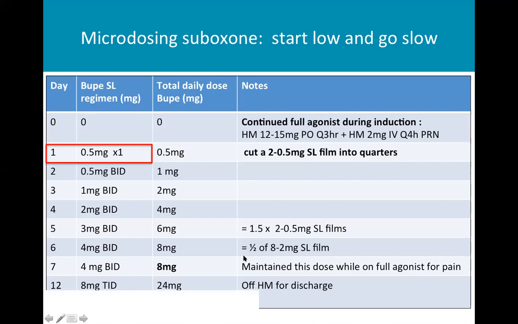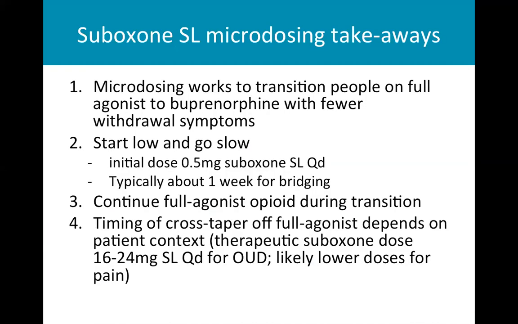All right. So the takeaways for microdosing with Suboxone is that microdosing works to transition people on full agonist onto buprenorphine with fewer withdrawal symptoms, and in a way where the timeline is up to you and the patient and doesn't depend necessarily on what opioid regimen they're on. Start low and go slow.